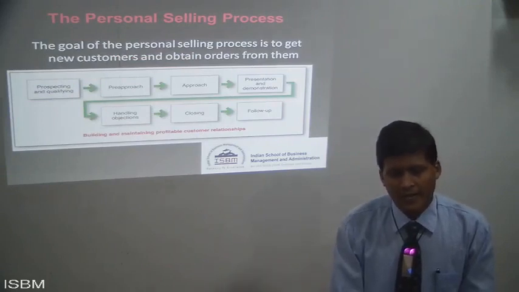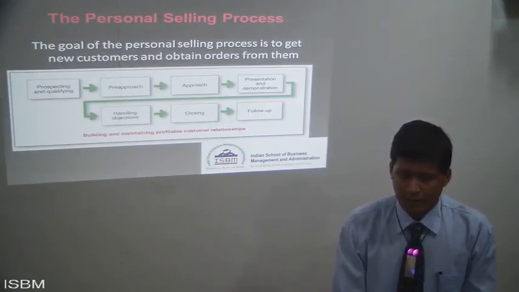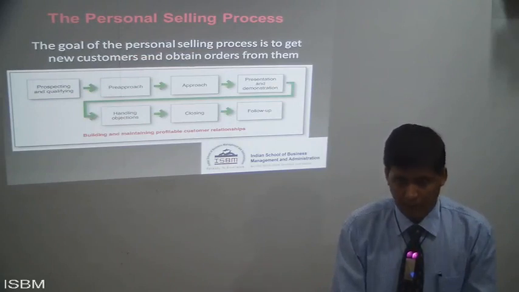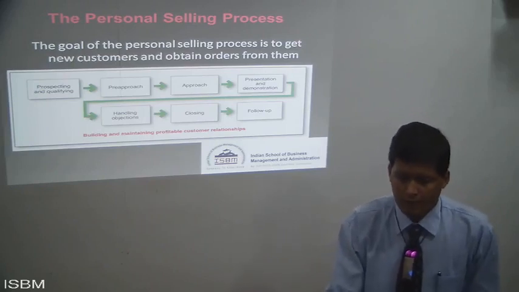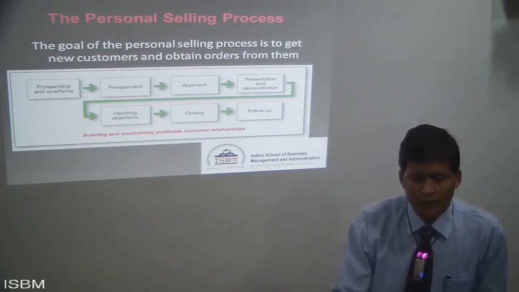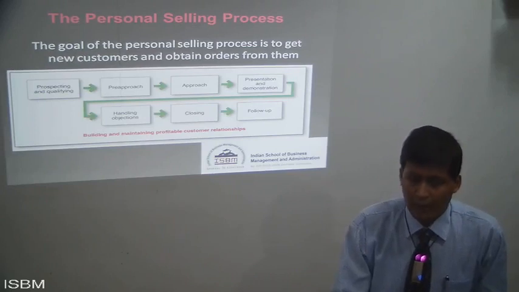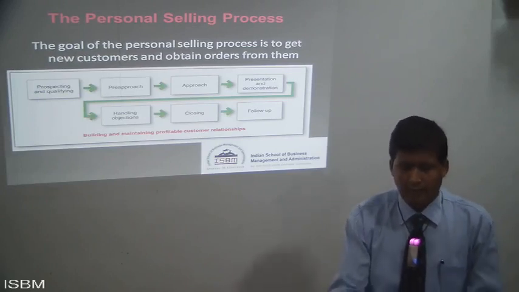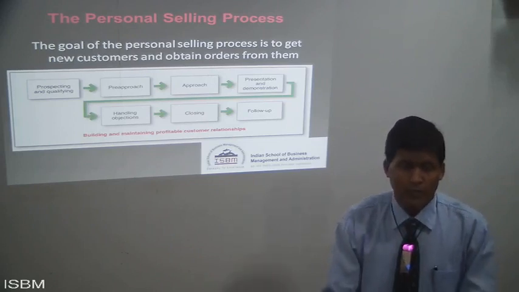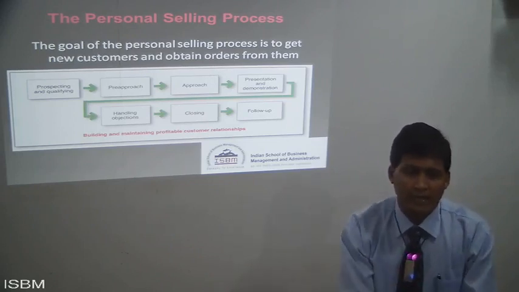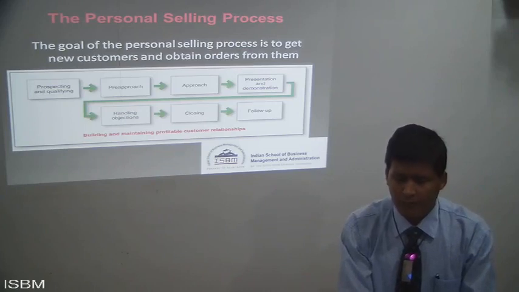So we will look into the entire selling process. The goal of the personal selling process is to get new customers and obtain orders from them. So when you say prospecting and qualifying, that is the first thing, where you have the right kind of database. You have a pre-approach to it. What kind of plan you have to approach this client, and then you approach the client with a design and a structure to it.